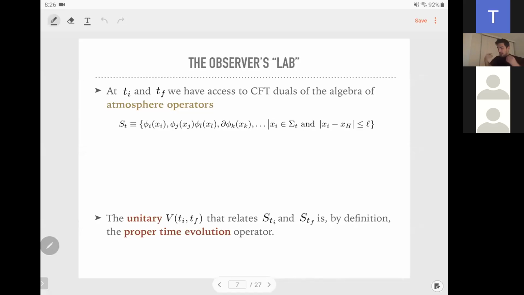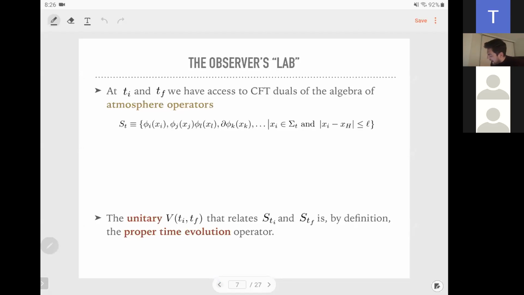Okay, so I introduced my probe. It's a black hole entangled with a reference. And I would like to learn how to propagate degrees of freedom along the trajectory of my black hole. But there's no well-defined notion of propagating operators that are far from the black hole along the worldline. You know, there's no preferred slicing of the bulk.